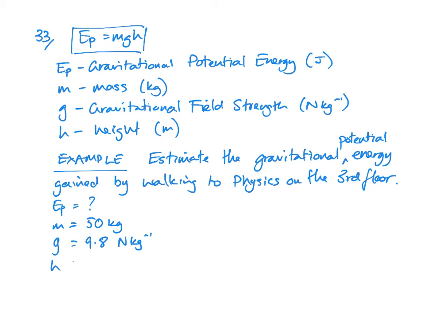What about H? Any ideas how high up we are on the third floor? If you broke it down to one floor at a time, could you estimate the height? How big do you think a flight of stairs is? 15 metres for one flight of stairs. For this floor, yeah. So 5 metres per floor, 3 floors up, 15 metres.